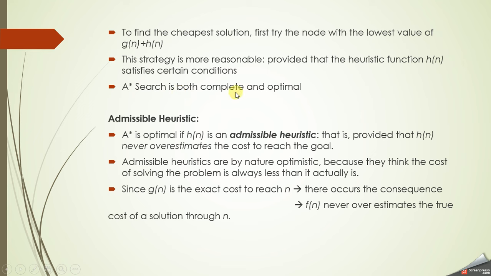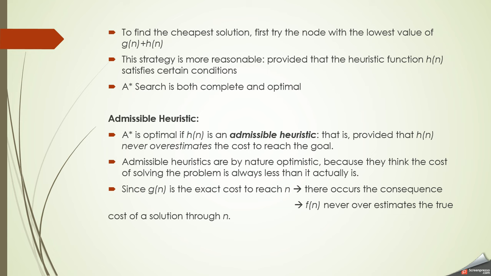Why they say complete is, when you call a solution a complete solution, from level 0 to level n, within that level n we should obtain the solution. If you obtain a solution within the depth, you call it complete.